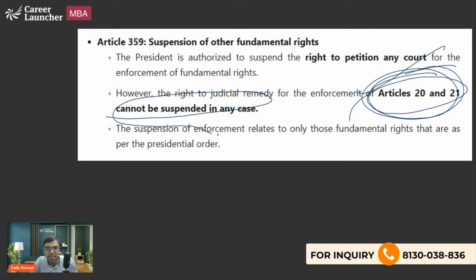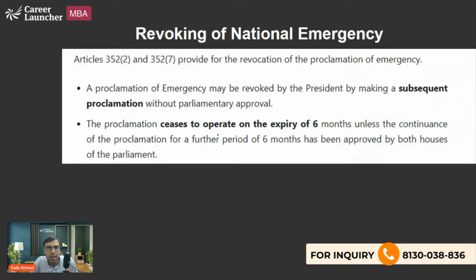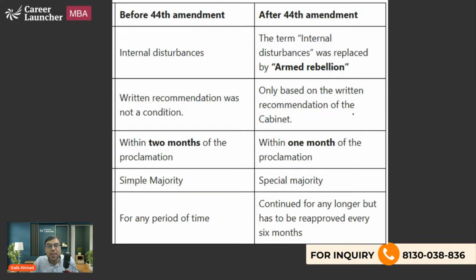This is today's stand. Today, this is the rule. Although during Indira Gandhi ji's time, this was not the rule. Now, when it comes to revoking of national emergency, one thing is the president can directly declare. Or after 6 months, let's say the national emergency is declared, the parliament approves it, and after 6 months, if the parliament further does not approve, then of course it will stop.